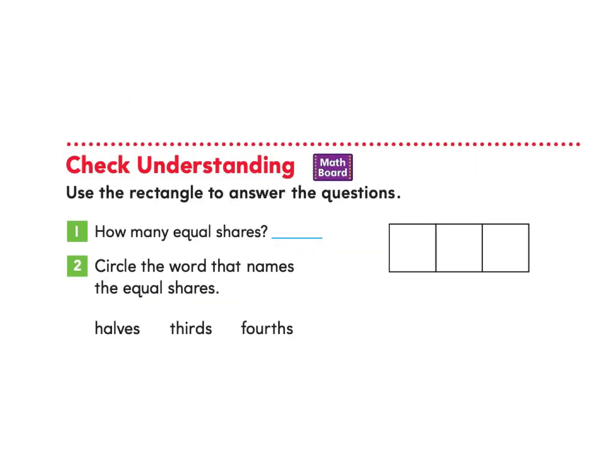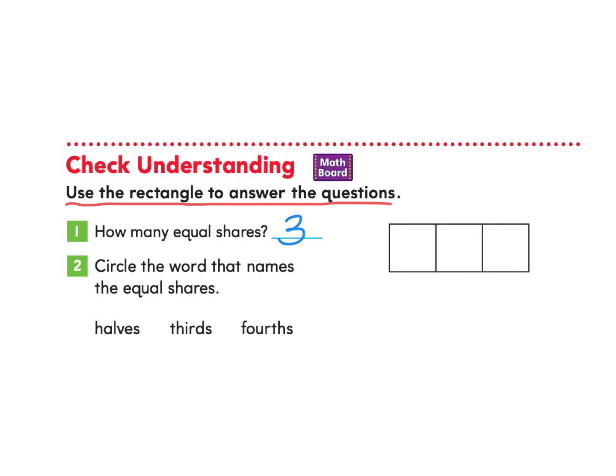Now we're ready for check understanding. Use the rectangle to answer the questions. The first question asks, how many equal shares? Again, you can pause and try this part on your own and come back to check your answer or follow along with me. I see that there are 1, 2, 3 equal shares, so I will write in 3 here.